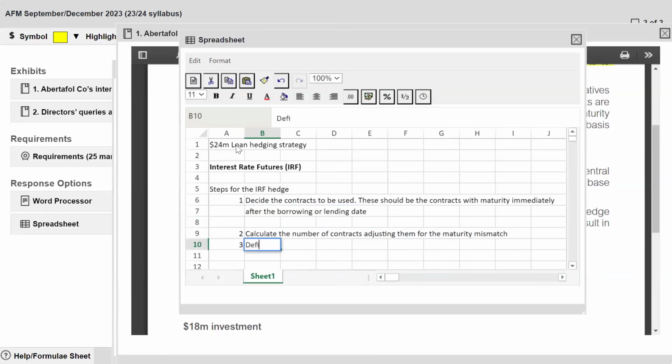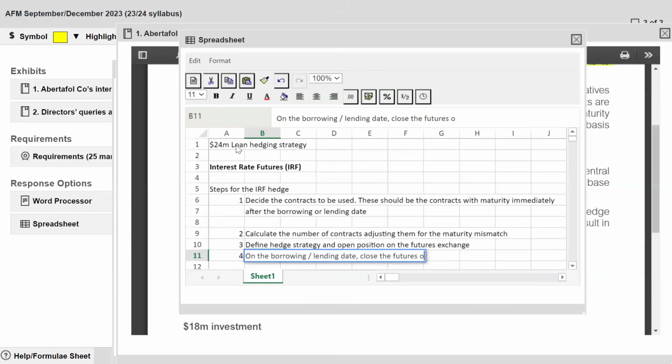Define the hedge strategy and open a position on the futures exchange. On the borrowing or lending date, close the futures position.